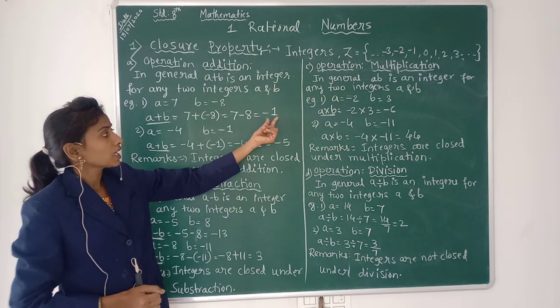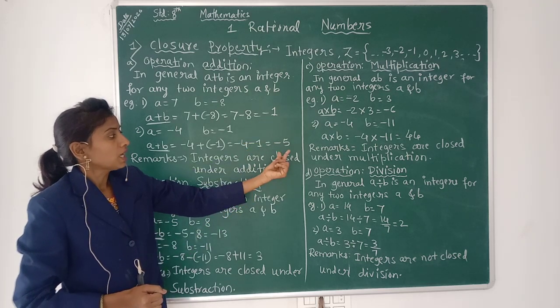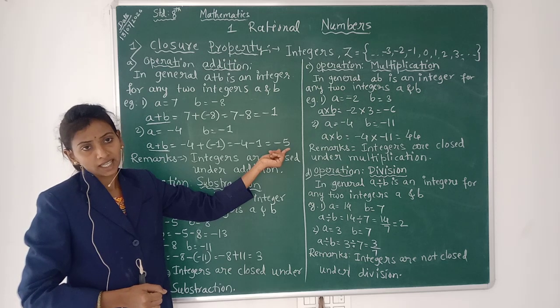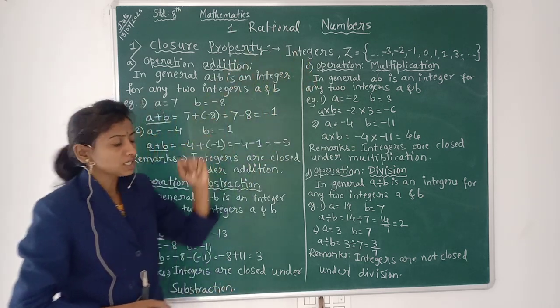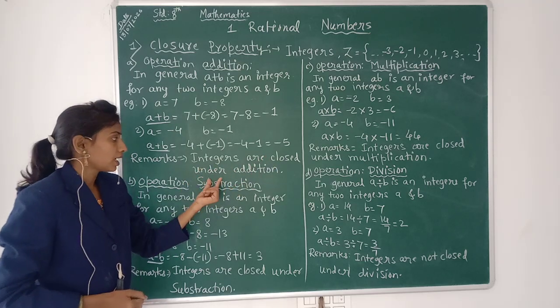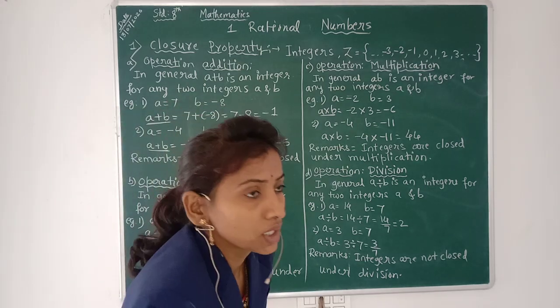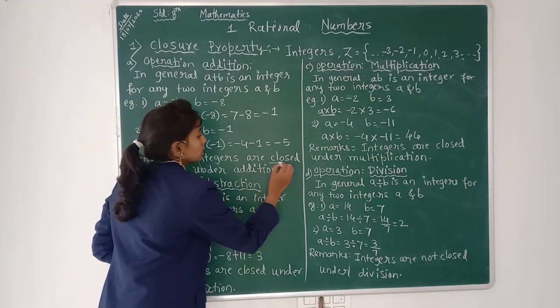We got minus 1 in the first example and minus 5 in the second example, both in the set of integers, so it is closed under addition.